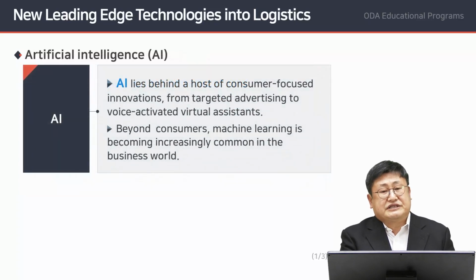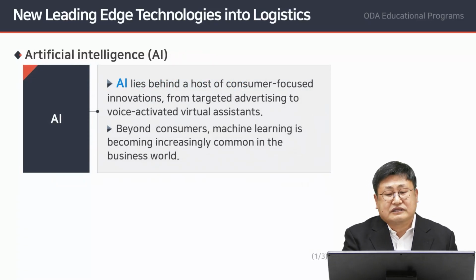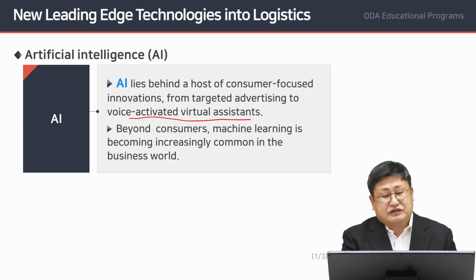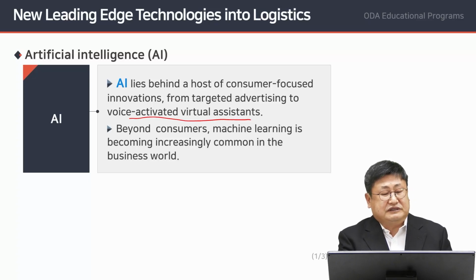And artificial intelligence. AI lies behind a host of consumer-focused innovations, from targeted advertising to voice-activated virtual assistants. Beyond consumers, machine learning is becoming increasingly common in the business world.